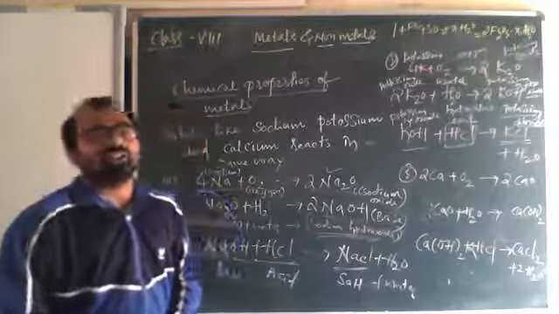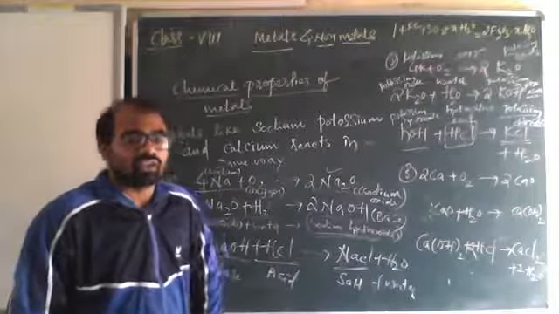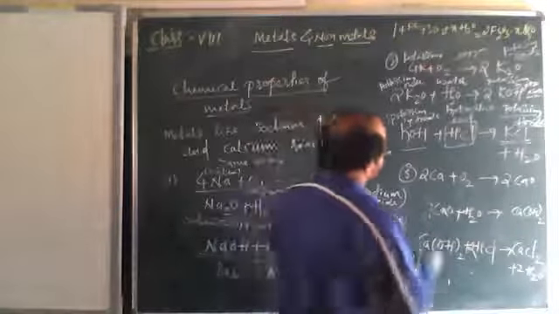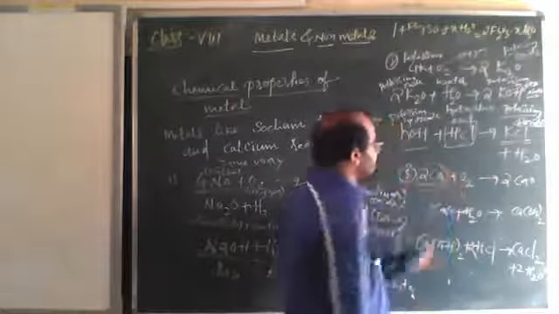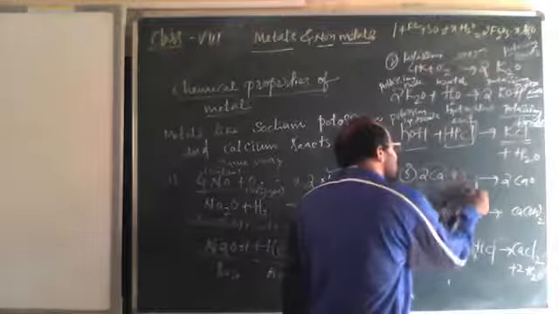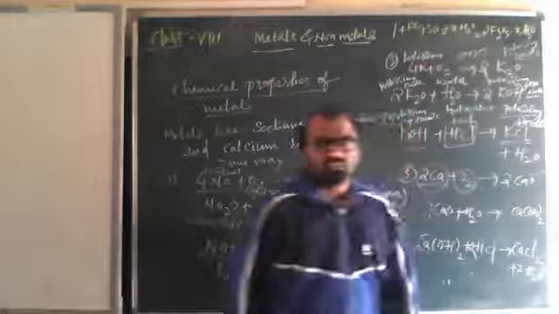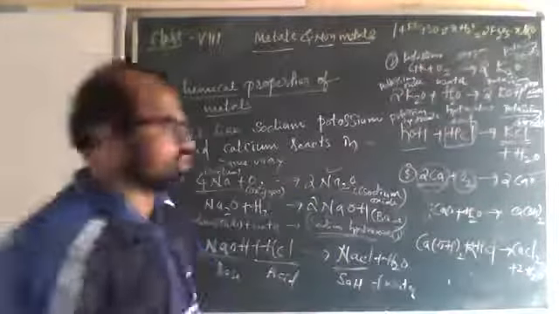And the next one is calcium. Next one is what? Calcium. So what is my calcium? Calcium reacts with oxygen to form calcium oxide. Do you agree? Let me write those.